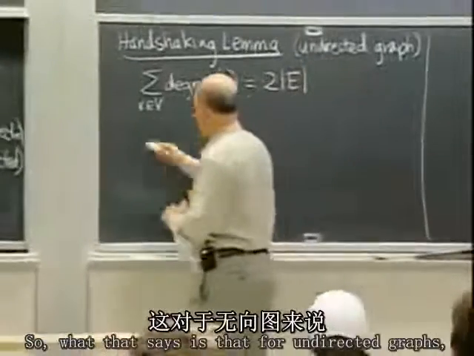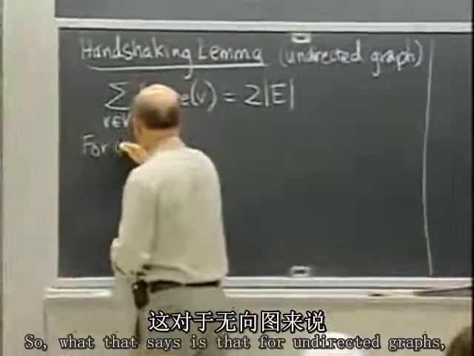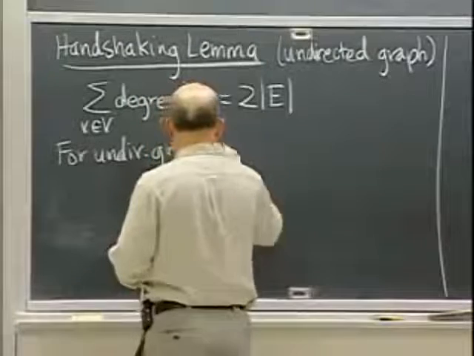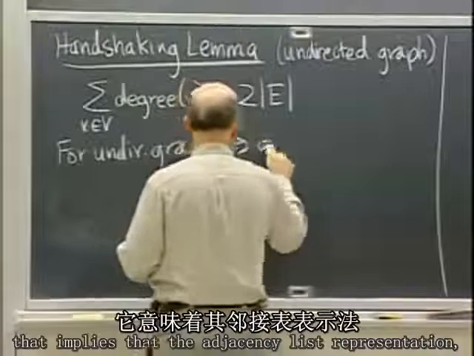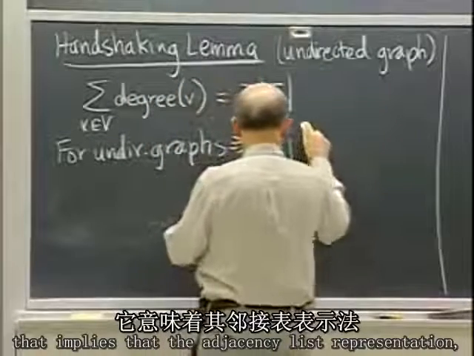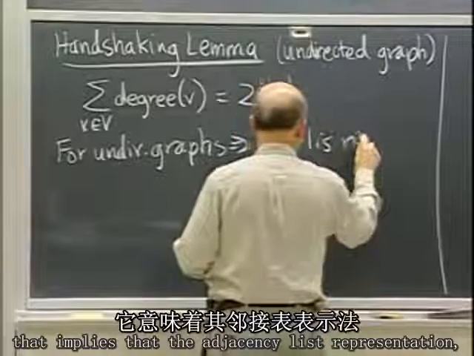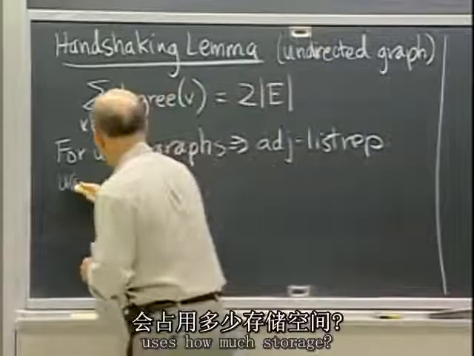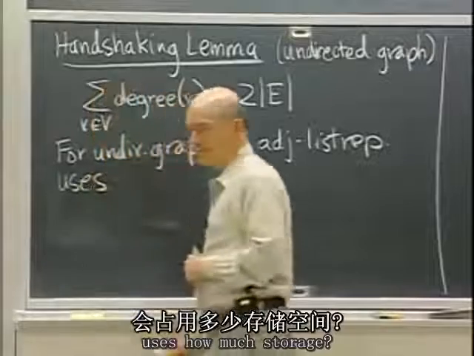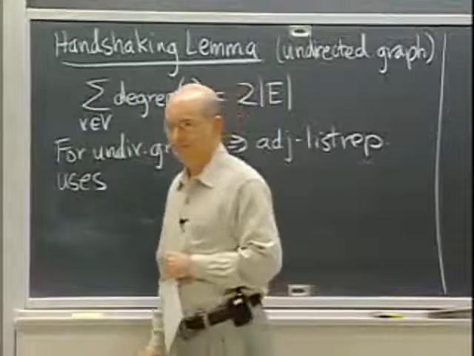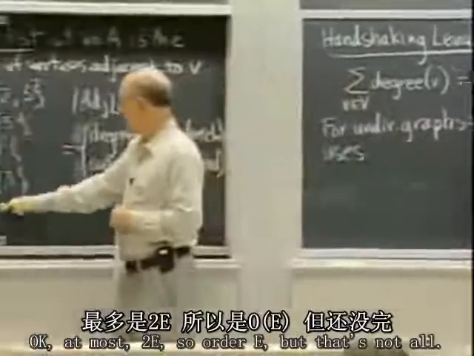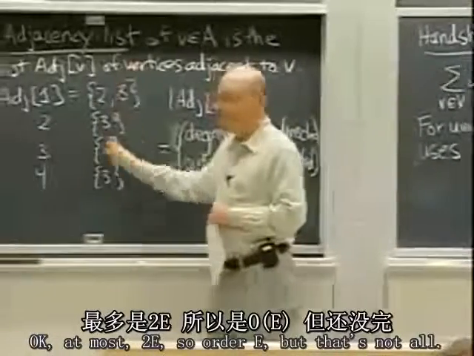So what that says is that for undirected graphs, that implies that the adjacency list representation uses how much storage? At most 2e, so order e, but that's not all.